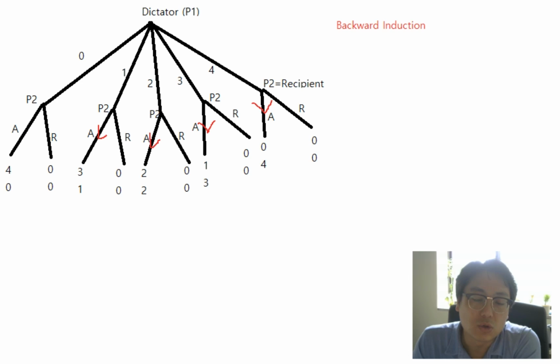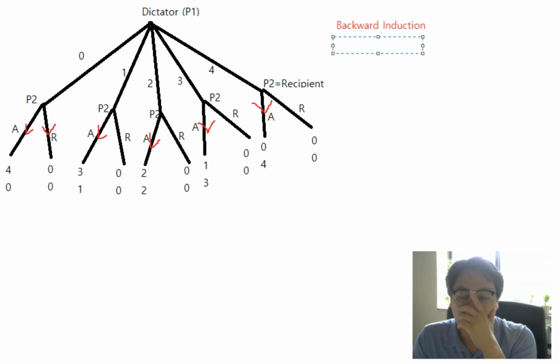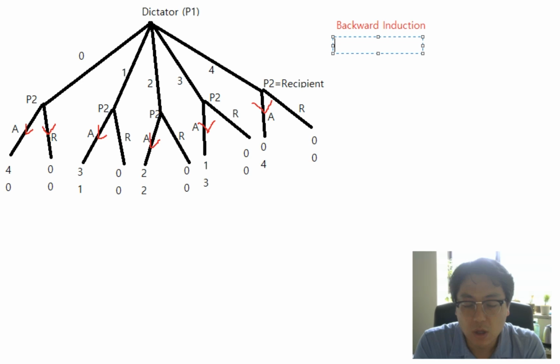But for player 2, if 0 is offered to player 2, it is indifferent between accepting or rejecting because it's 0 and 0. So there's no difference, right? So if I'm writing the possible action of player 2: accept the offer if the offer is greater than 0.